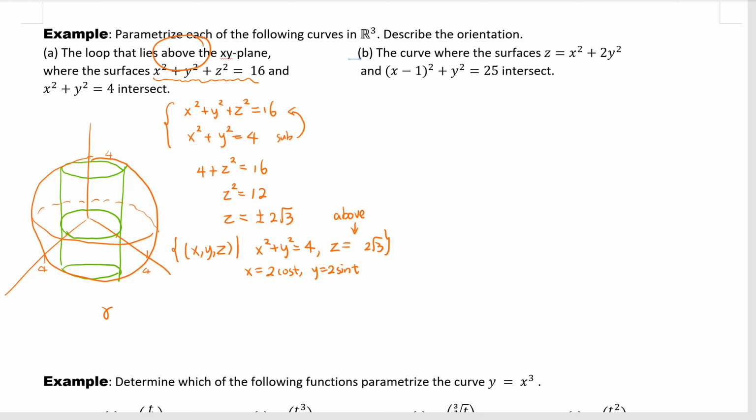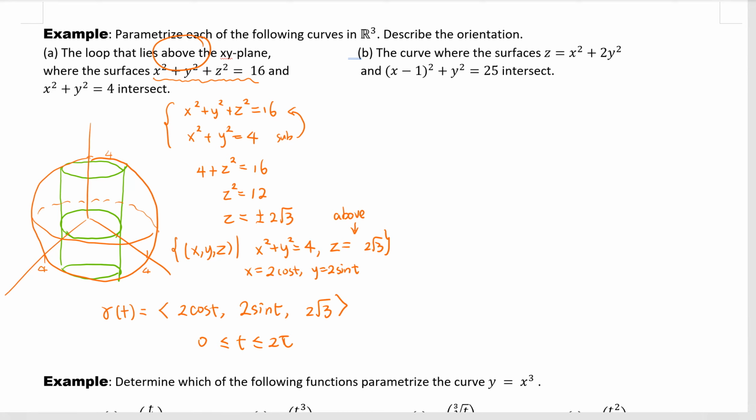So our parameterization equals 2 cosine t, 2 sine t, and z is fixed. Then t goes from 0 to 2 pi, and we get the whole circle, the loop. So far, so good?